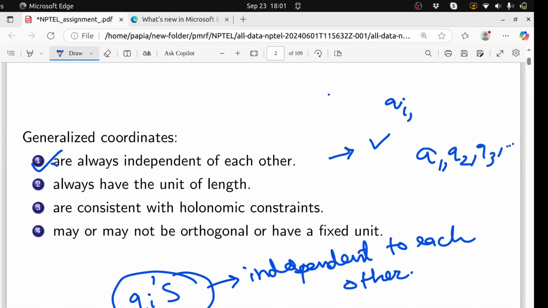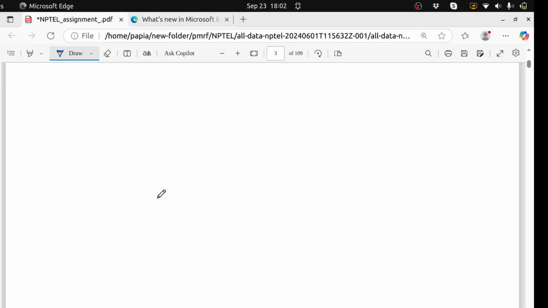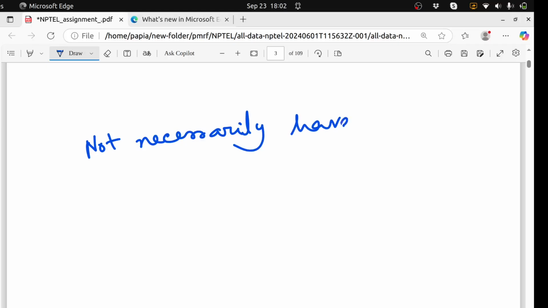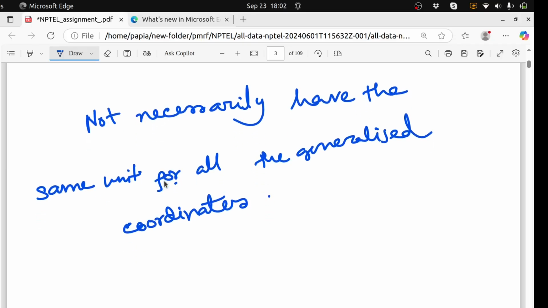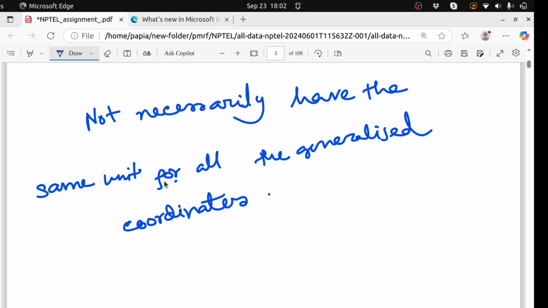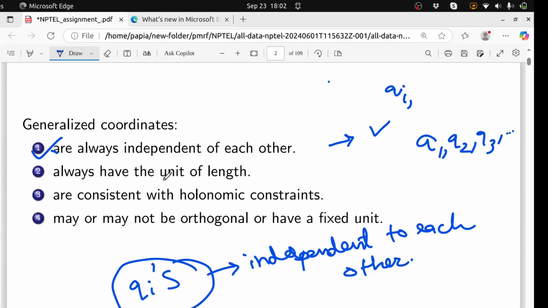Now, always have the unit of length? No, it is not necessarily true that all the generalized coordinates have the same unit, or the same unit of length.